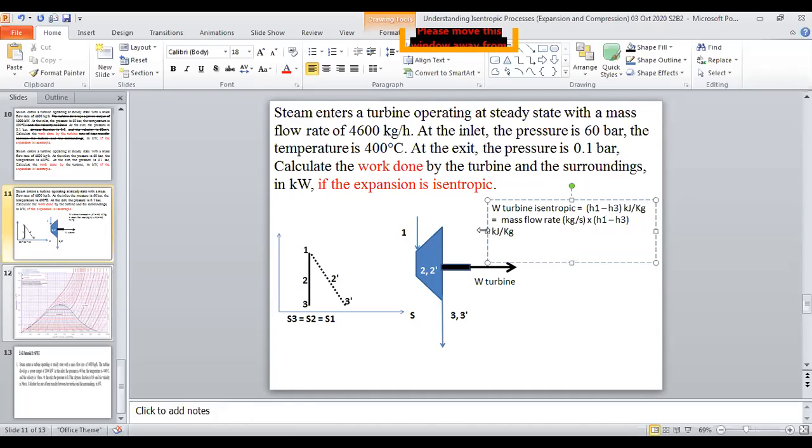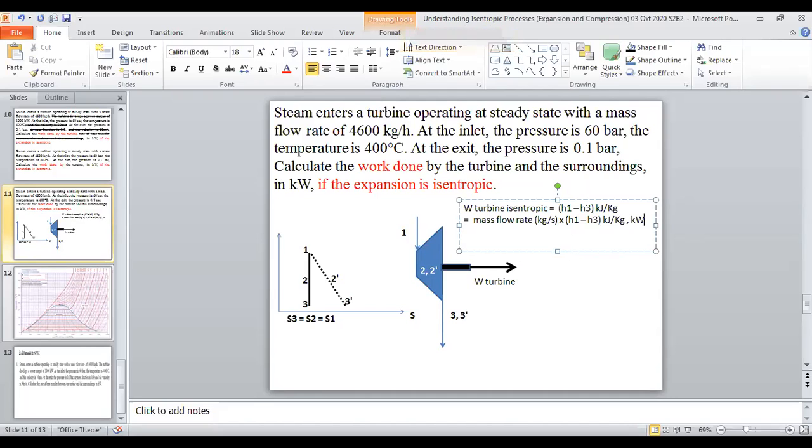Kilogram per second times kilojoule per kilogram becomes kilowatt, because the kilograms cancel out and kilojoules per second remains, which equals kilowatt.